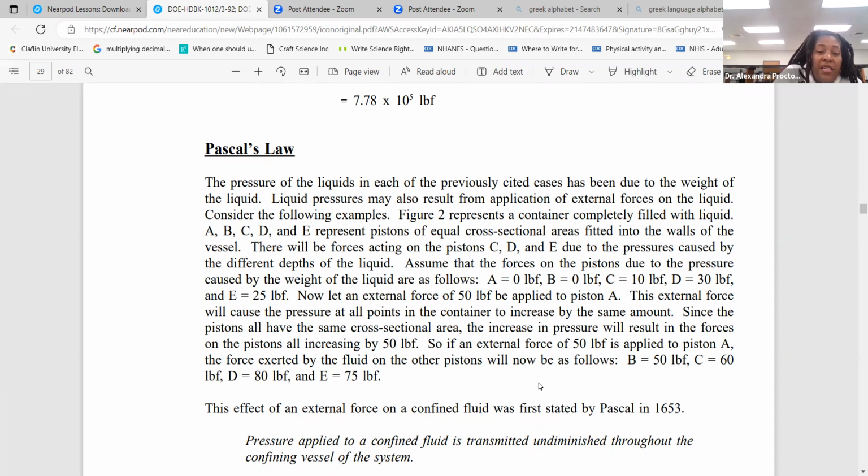So if the external force of 50 is applied to piston A, the force exerted by the fluid on the other pistons will now be as follows. B will be 50, C will be 60, D will be 80, and E will be 75 pound force.